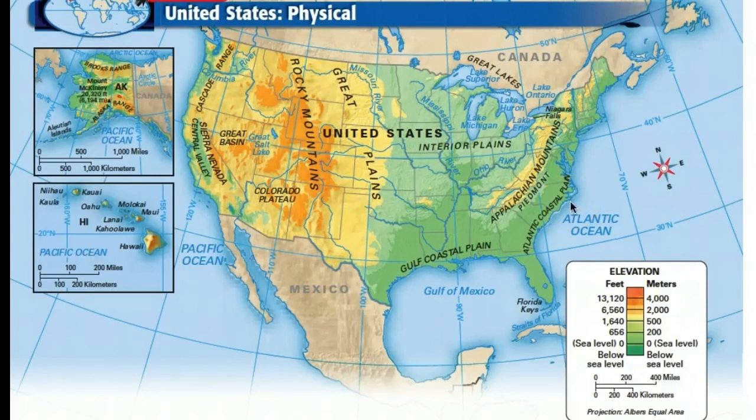In the East, the low flatland close to the sea is the Atlantic Coastal Plain. As you move west, the land gradually rises. This area is called the Piedmont.